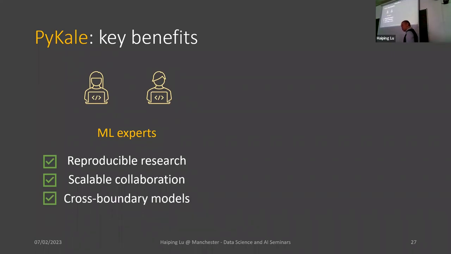And also, by standardizing the API and putting different kinds of data like imaging data, graph data, text data, speech data, all under the same set of API under one same umbrella, it makes it easier to develop cross-boundary models, right? They are all under standard API.